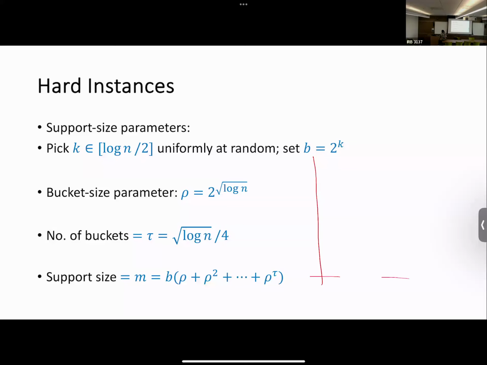The distributions, you can think of as over a random subset, where the subset size is random and also the subset itself is random. And then we distribute the probability mass in an almost sub-polynomially decreasing way.